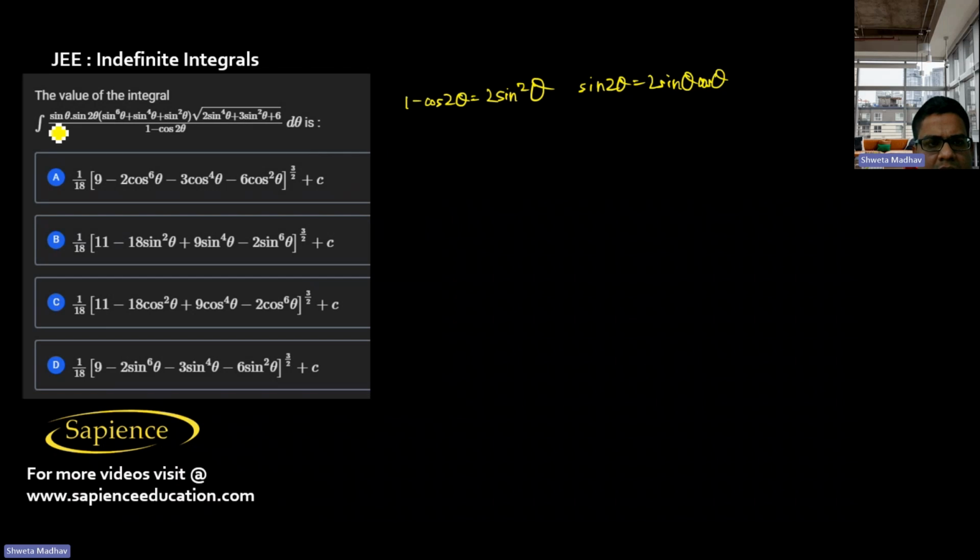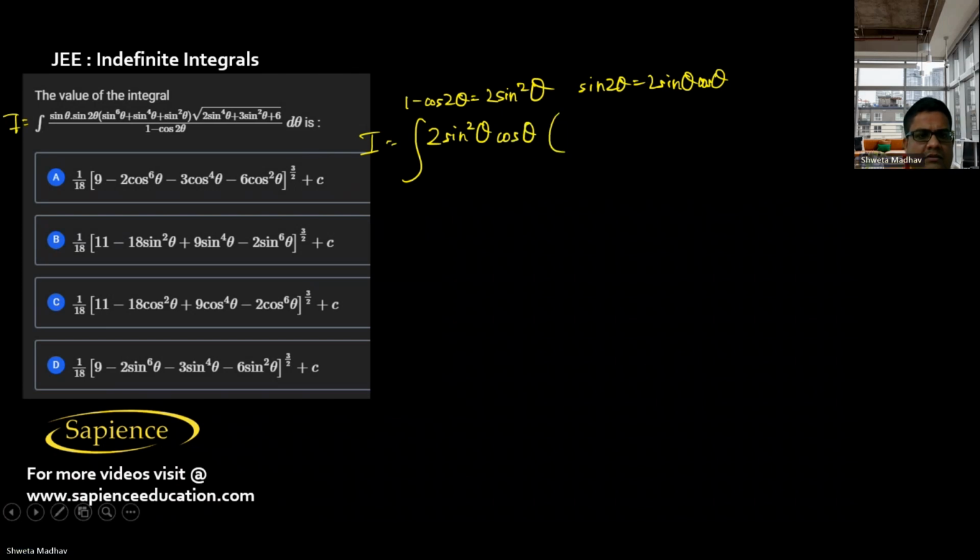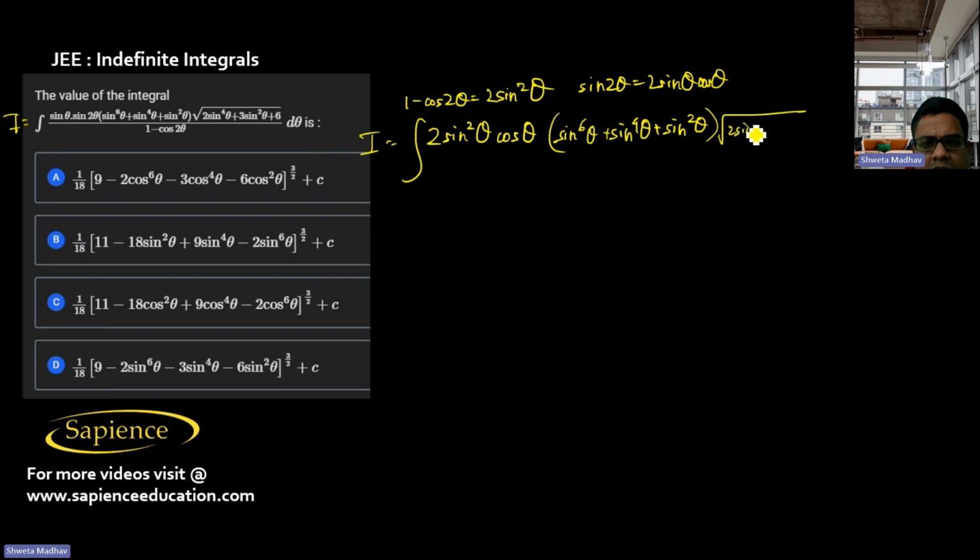So let's call this integral I. This integral I can be written as 2 sine theta cos theta into sine theta, so that is 2 sine square theta cos theta, into (sine power 6 theta plus sine power 4 theta plus sine square theta) into root over (2 sine power 4 theta plus 3 sine square theta plus 6) d theta, divided by 2 sine square theta.